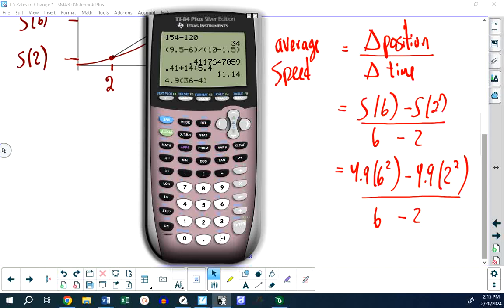I'm calculating it by factoring the 4.9 out and then just multiplying by 36 minus 4, which is 6 squared minus 2 squared, and then I divide by 4. Anyway, I'm getting 39.2, and I'll give everybody an opportunity here to confirm that. I'm pretty sure that's right. As weird as it sounds, I remember that number from previous times I've taught this lesson.